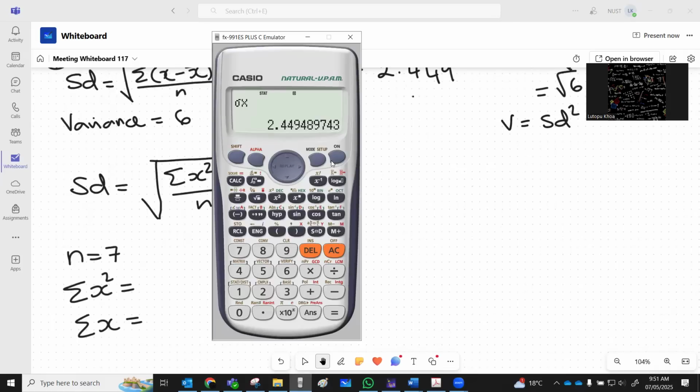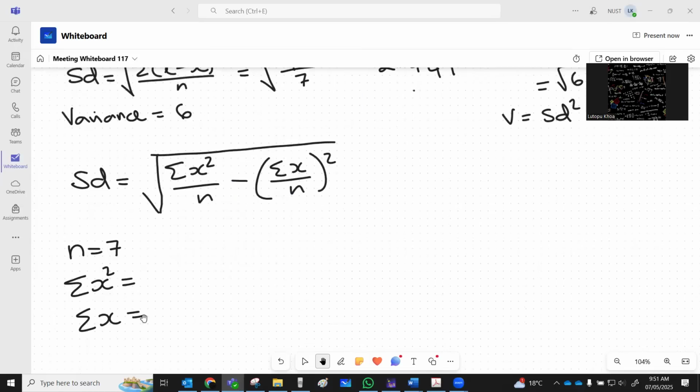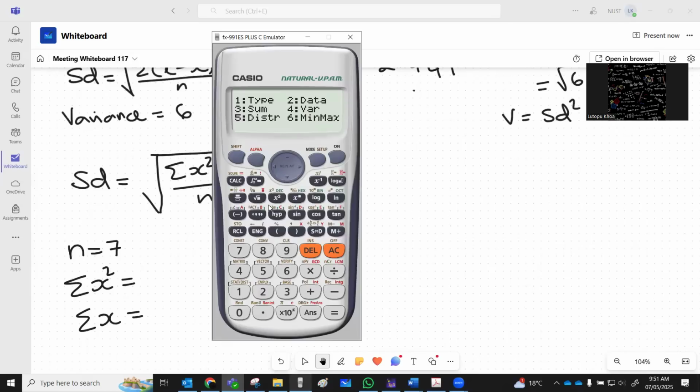Okay, so when we do that, we go again, shift and stat. And here, because we're looking at summations, then we choose option number 3, which is a sum. So we have the 2 options, number 1 equals, and there it is. It gives us 154.